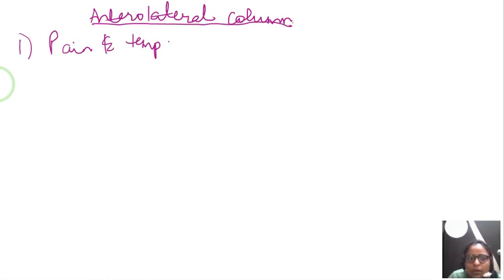They are graphesthesia, stereognosis, two-point discrimination, fine touch, vibration, kinesthetic sensation and proprioception. These sensations are carried by your dorsal column medial lemniscal system.